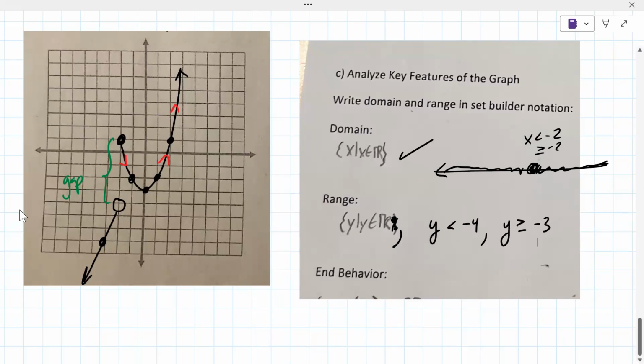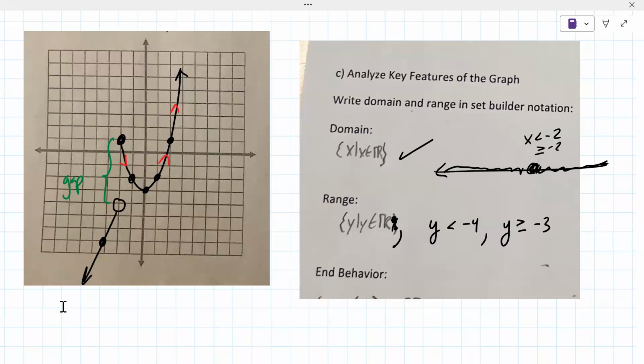So take a look at the graph here, specifically this piece. Can you tell me, or do you agree with or understand why it's y less than -4? I understand that those are the two key points, I guess.